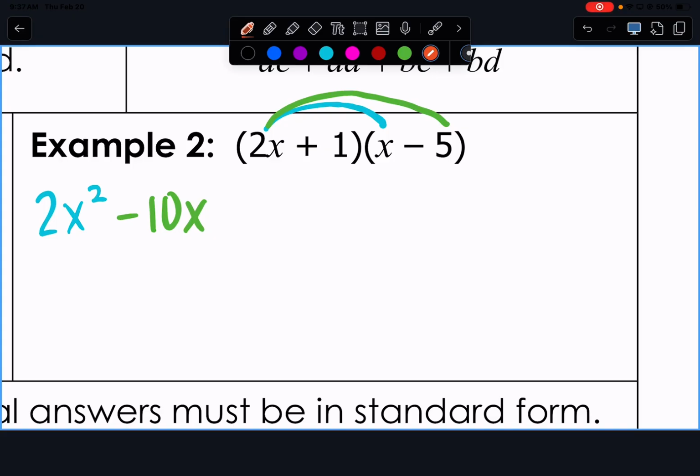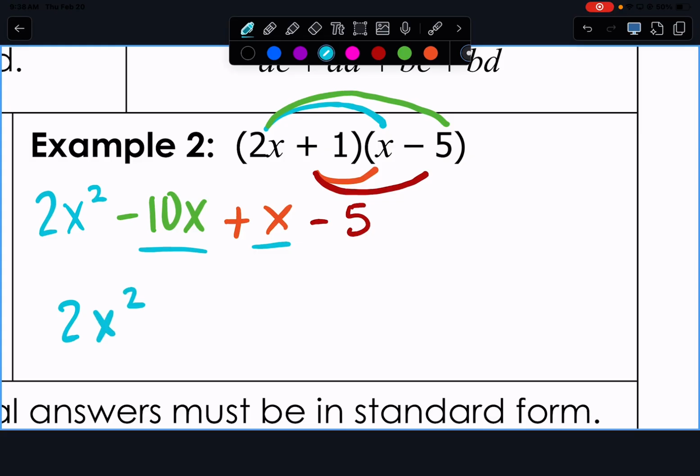The 2 and the negative 5 give you the negative 10, but we still bring that x. So 1 times x is 1x, or x. Minus 1 times negative 5 is negative 5. What can I combine? So when I do that, I get 2x squared minus 5, and that is my answer.